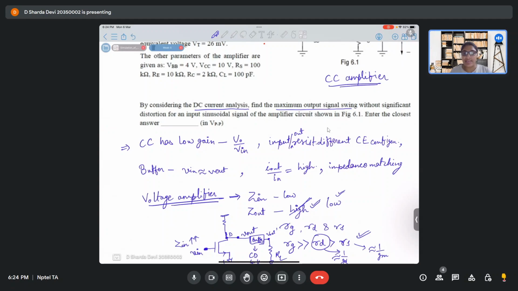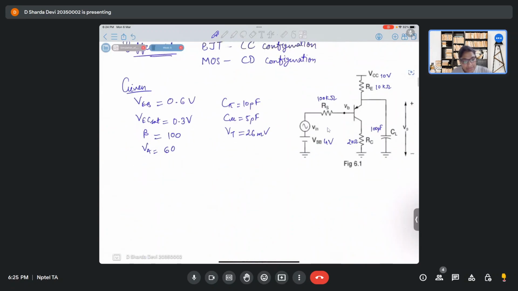In the exam you'll also find these numerical answer type problems, so it's very important for us to go through these problems and be sure with our answers. So we have to find the maximum output signal swing using all these values which are given.